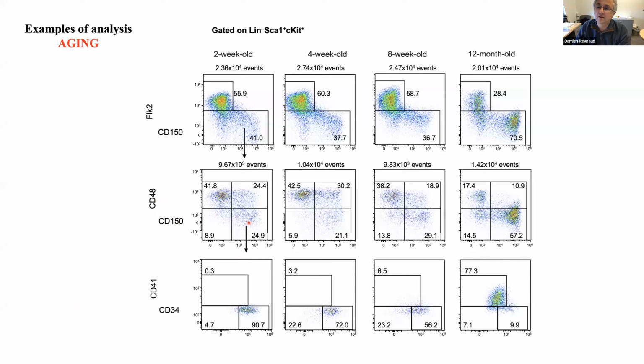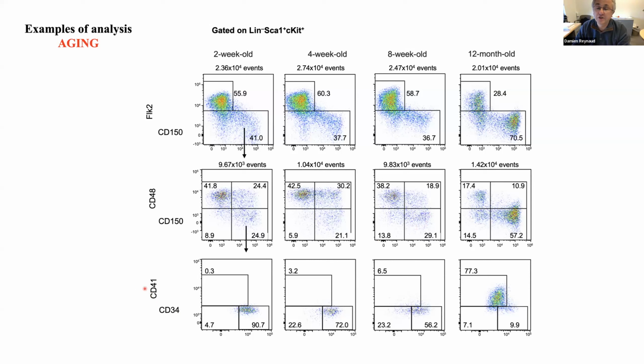And as described by Over, what you see is an increase of the phenotypic HSC compartment in the middle-aged mice compared to the juvenile and the young adult, which is consistent with what has been described in the literature.